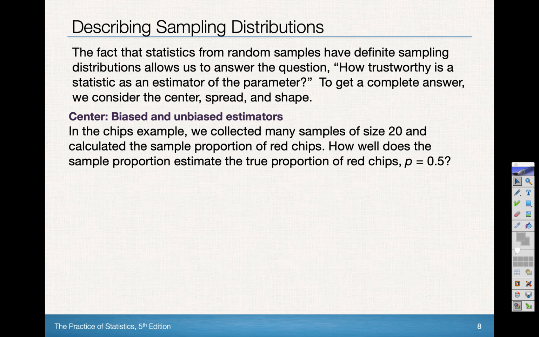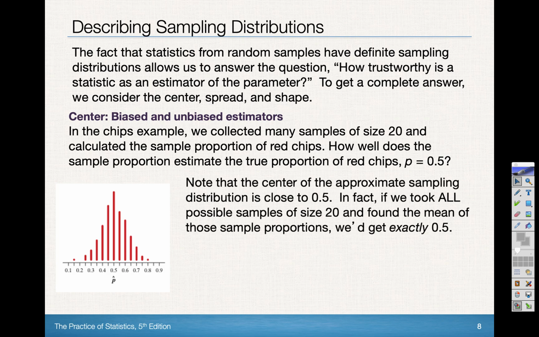In the marble example, we collected many samples of size 20. We calculated the sample proportion of red marbles. How well does this sample proportion estimate the true proportion of red marbles, where p is actually 0.5? You'll see that this is my sampling distribution, and the center of my sampling distribution is very close to the true parameter, 0.5.